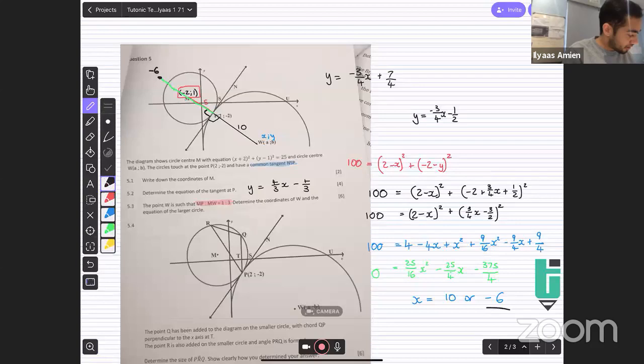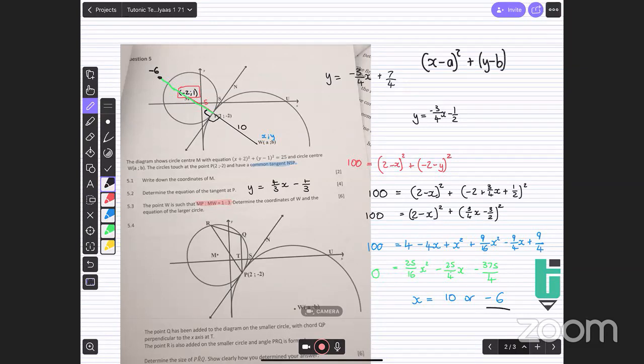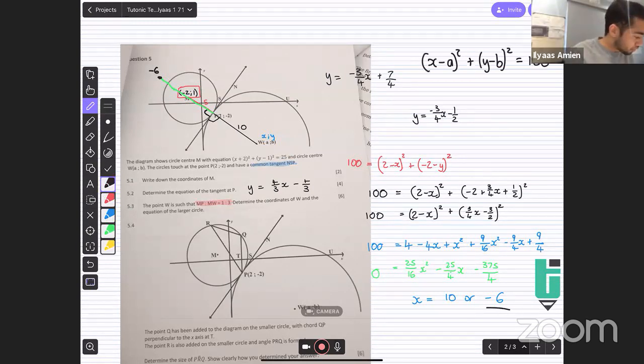So you would just say, Nafisa, that it would be (x minus a) squared plus (y minus b) squared equals 100. And we know that we've already got a point on here, an x and a y value, because we've got the 2 and the minus 2. So it would be (2 minus a) squared plus (minus 2 minus b) squared.